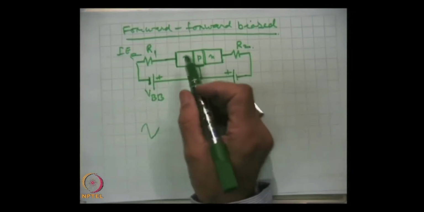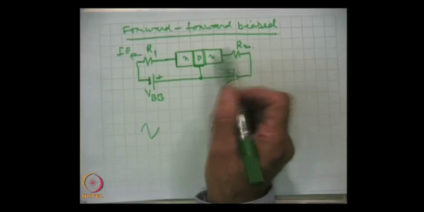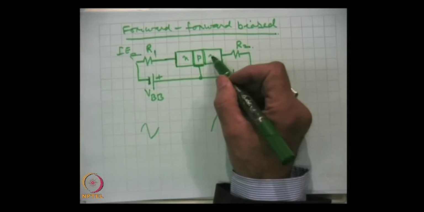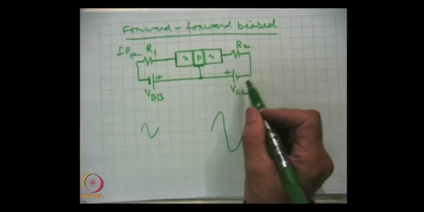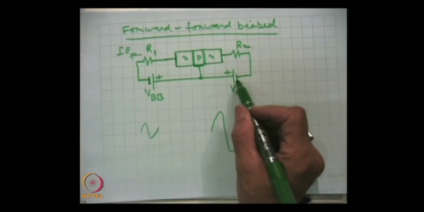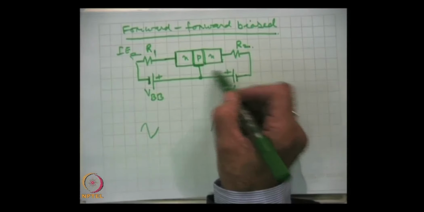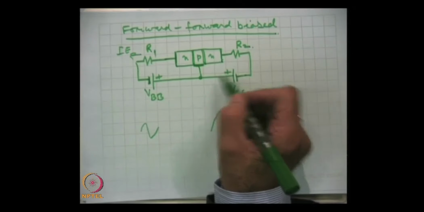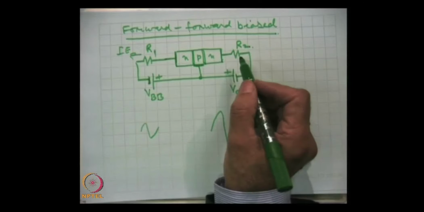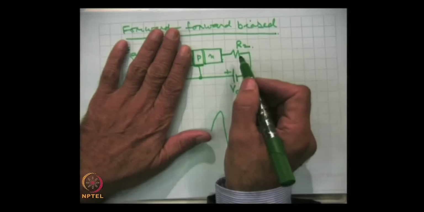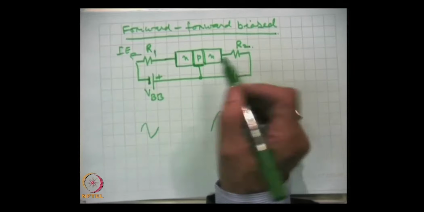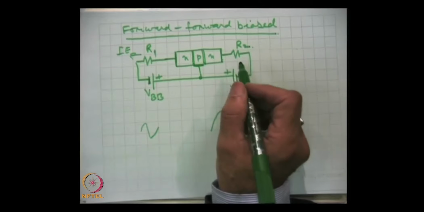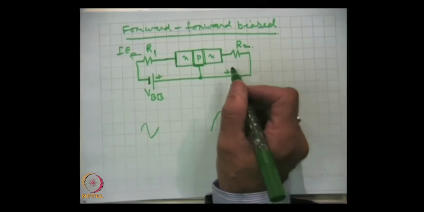Similarly, we talk of the collector junction, the collector base junction, which is also forward biased. This N type collector is connected to the negative of the battery. So, this junction is also forward biased. Here also heavy current will flow, though the influence of this is secondary, very little, and that we will see later when we talk of current voltage characteristics of the transistor.